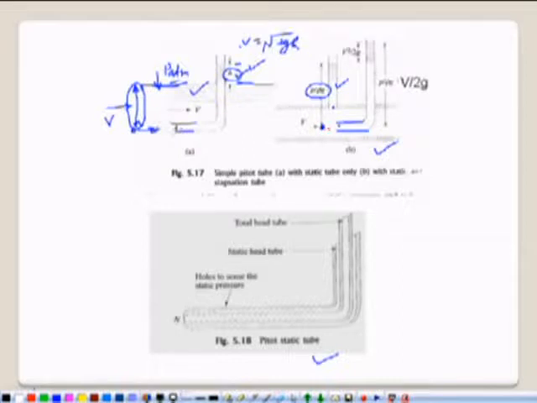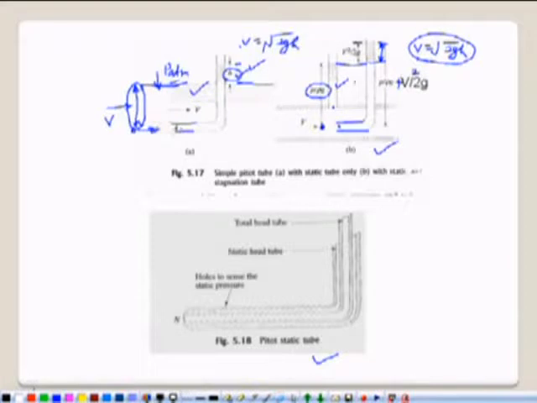Now this velocity is retarded to 0 at this point, and this one will measure P over rho g plus v square divided by 2g, this whole height. The difference between these two will be known as the kinetic head, v square divided by 2g. So we measure this difference here and put it equal to v square divided by 2g. So v is equal to root of 2gh. With the help of this we can find out the velocity.